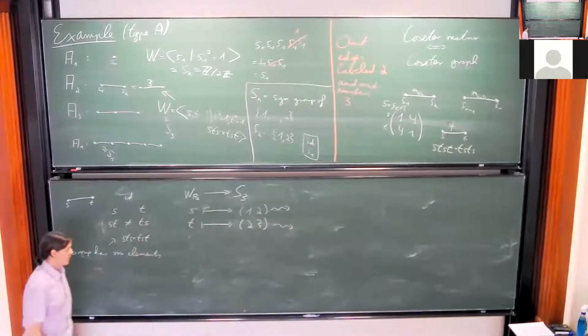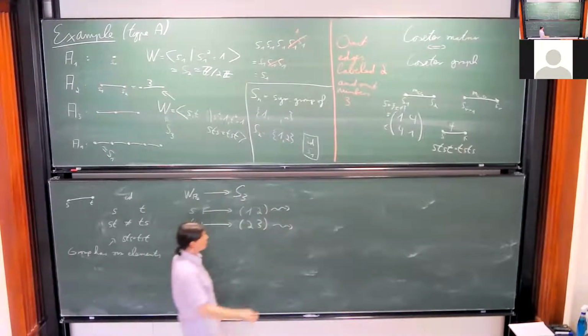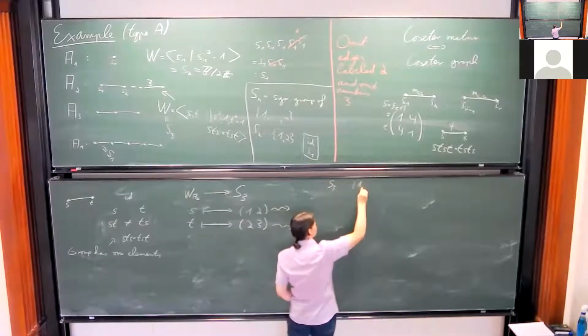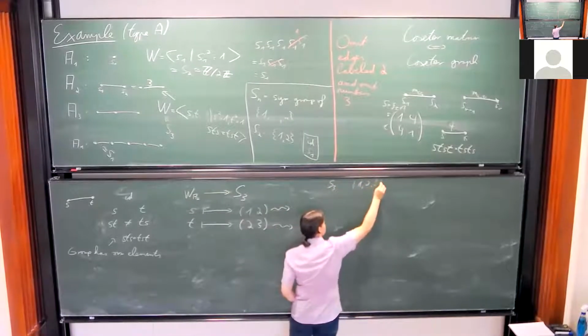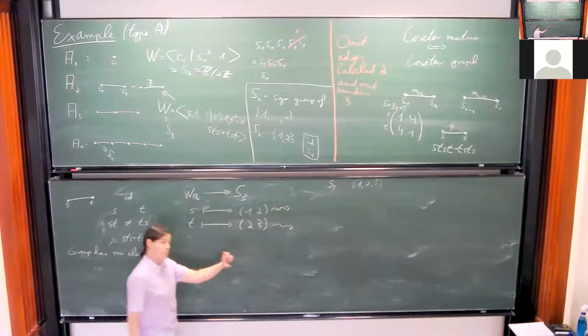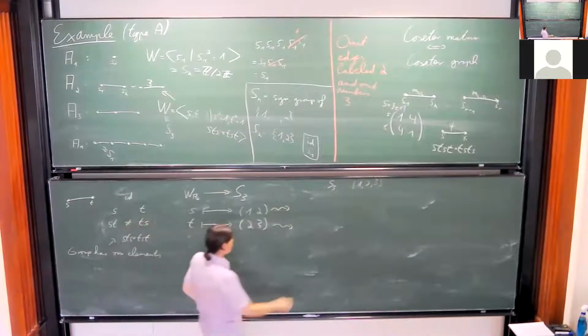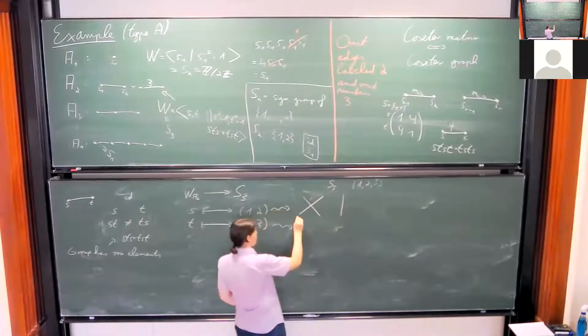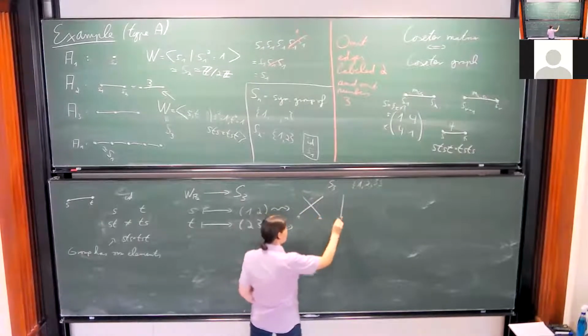I want to do some diagrammatics now. I want to think of the symmetric group S3, the symmetric group in 3 letters, 1, 2, 3, as permutation diagrams. So I want to draw this diagram. It takes the input 1, 2, 3.